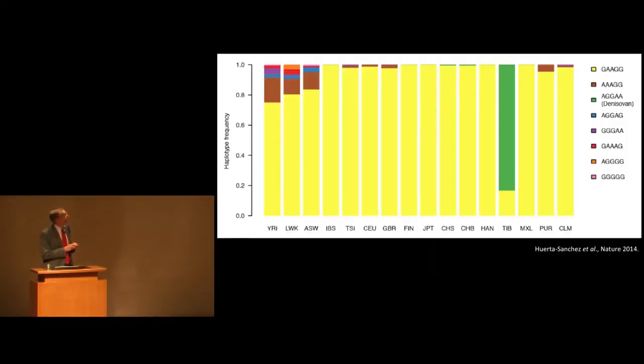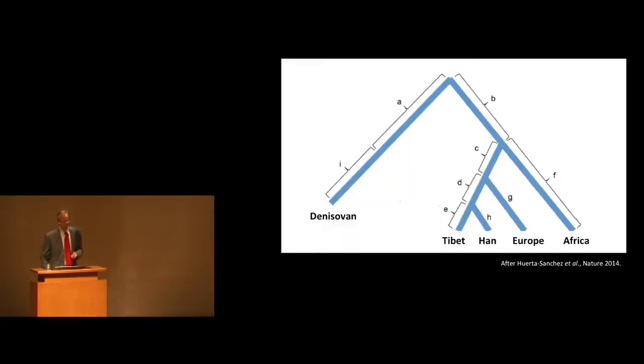And this variant is very common in Tibetans, 80% frequency, very rare elsewhere; it rarely occurs, for example, in Japan and China, but at very, very low frequencies. And last year, Rasmus Nielsen's group in Berkeley showed that this variant comes over to the ancestors of Tibetans from Denisovans. So it's fascinating to me that we would probably not have such big populations on the Tibetan plateau as we have if we hadn't had this genetic contribution from Denisovans in the past that allowed this adaptation.